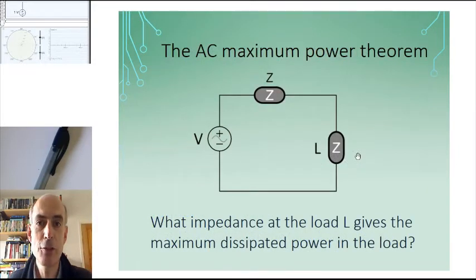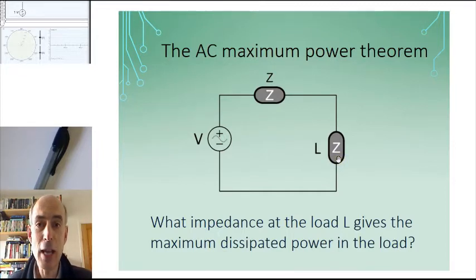So, the AC maximum power theorem is applicable to any network which has two terminals and has linear components. That leaves us with this problem. What load impedance L should we put onto the output of a source which has a Thevenin impedance of Z in order to extract the maximum power into the load?